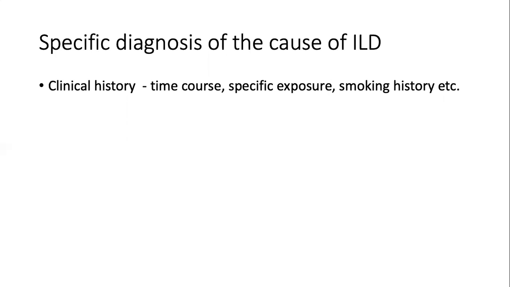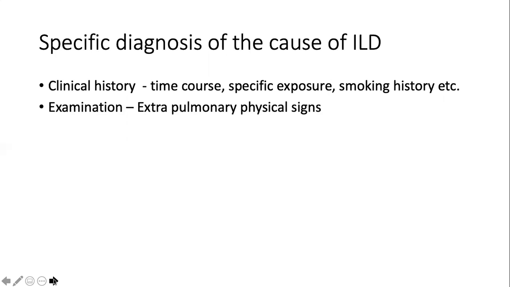Then a history of connective tissue diseases, smoking history, because certain interstitial lung diseases are seen exclusively in smokers. Then examination, the presence of extrapulmonary physical signs. So we said sarcoidosis is a disease that's associated with interstitial lung disease. Then your connective tissue diseases like rheumatoid arthritis, SLE, systemic sclerosis are associated with interstitial lung disease.